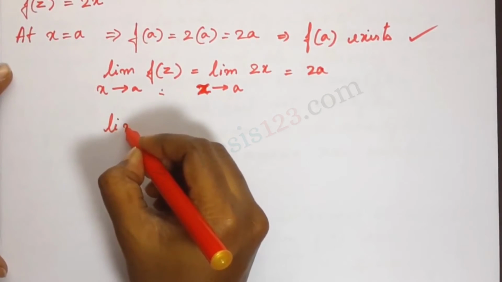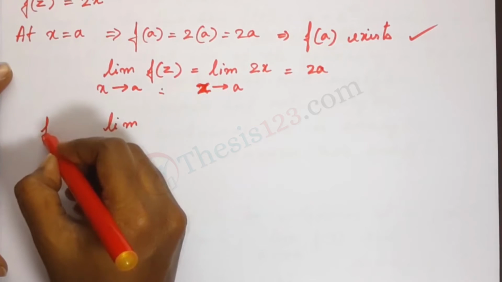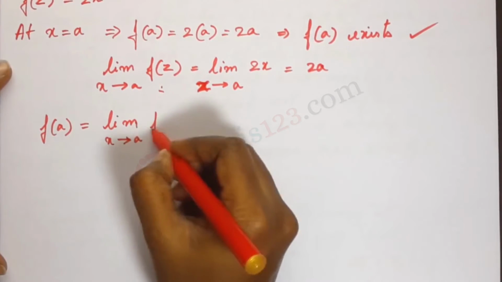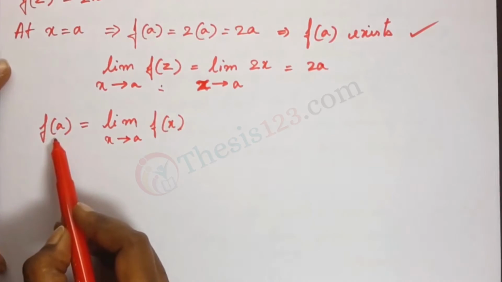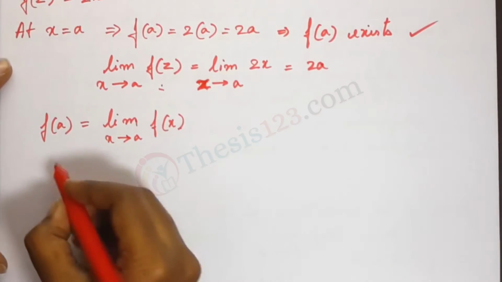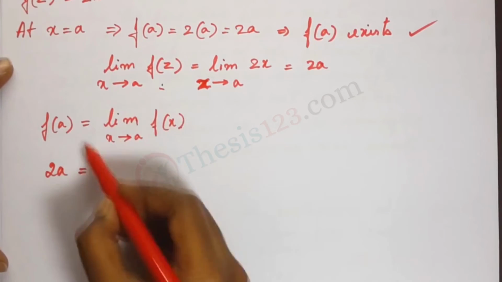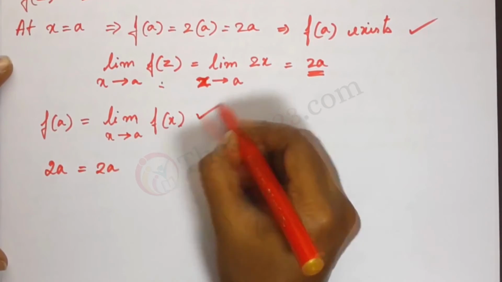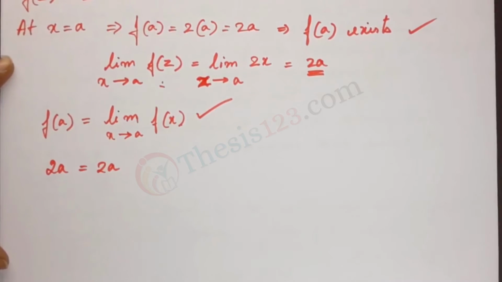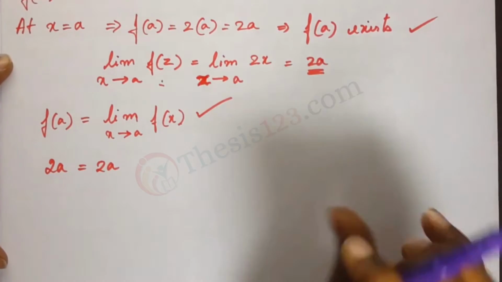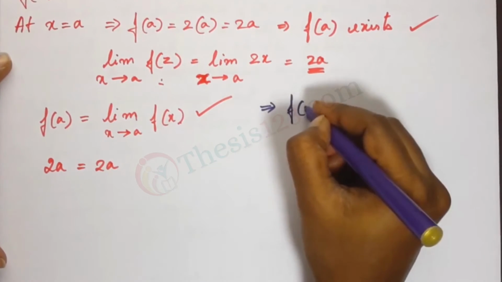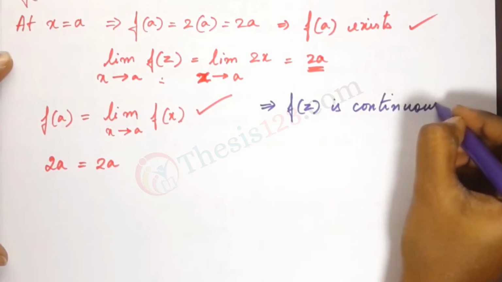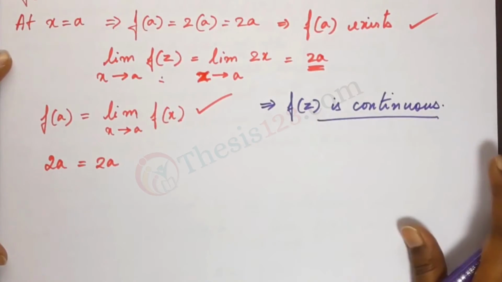The next condition says that f of a should equal the limit as x tends to a of f of x. We found that f of a is 2a, and the limit as x tends to a of f of x is also 2a. So this is satisfied as well. Because all of these conditions are satisfied, we say that the function f of z is continuous. So that's our first part proven.